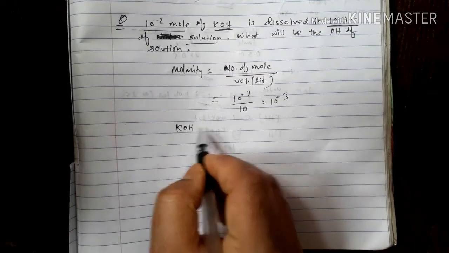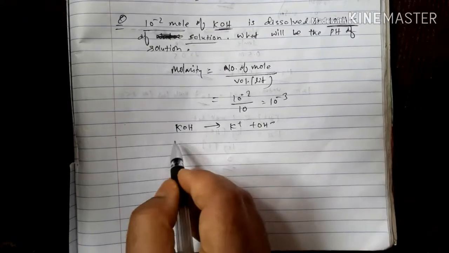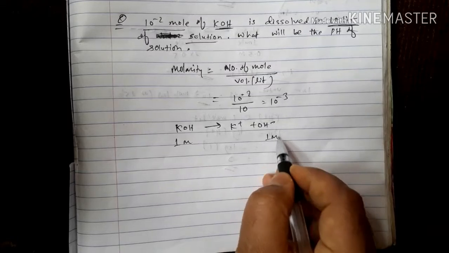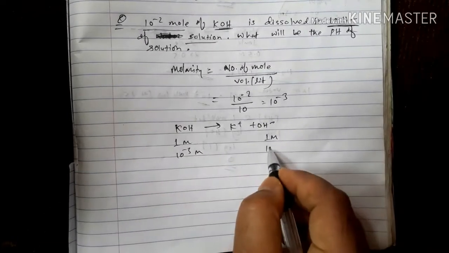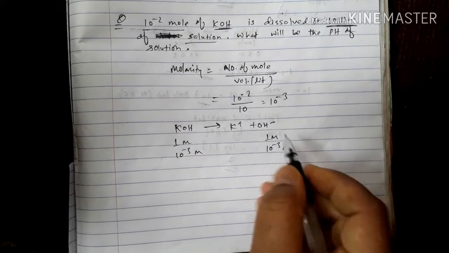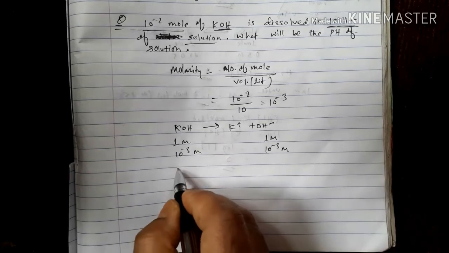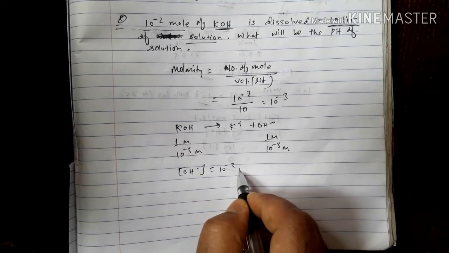KOH when ionized gives K plus and OH minus ion. 1 molar KOH gives 1 molar OH minus. 10 to minus 3 molar KOH gives, after ionization, 10 to minus 3 molar OH minus. It is a strong electrolyte, that's why it ionizes completely. Concentration of OH minus is 10 to minus 3 moles per liter.